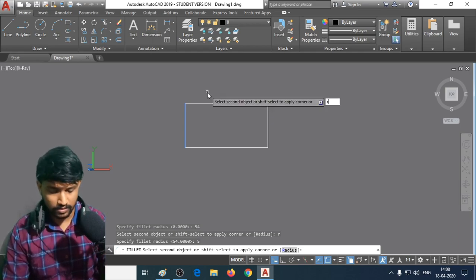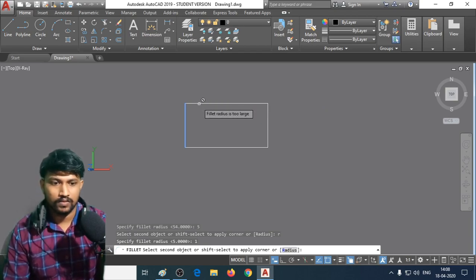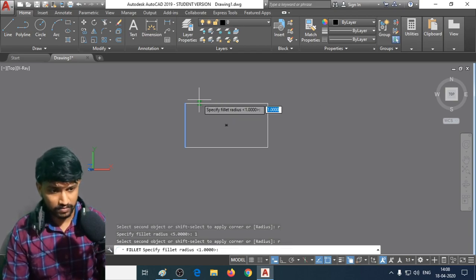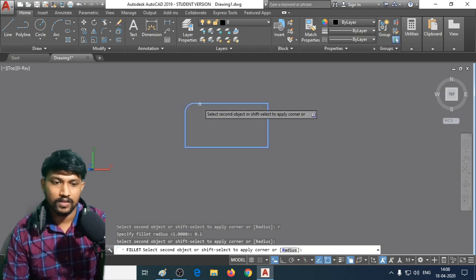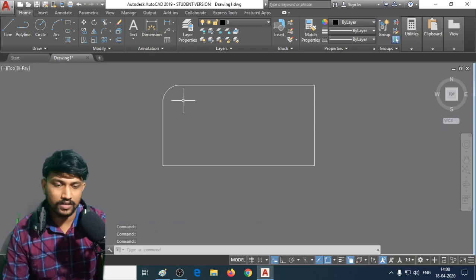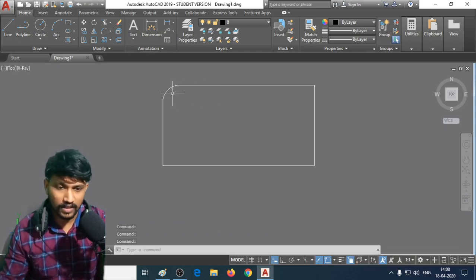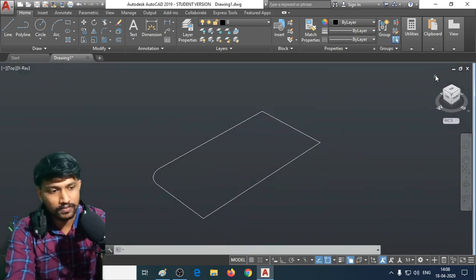Still it is too large. Still it is too large. Okay, so this is how this fillet is going to work. But in case of 3D, this is also similar, whereas it is going to be applied throughout the thickness. Right now this one is not having any kind of thickness, so if it is having thickness, then throughout this thickness this fillet radius will be applied.